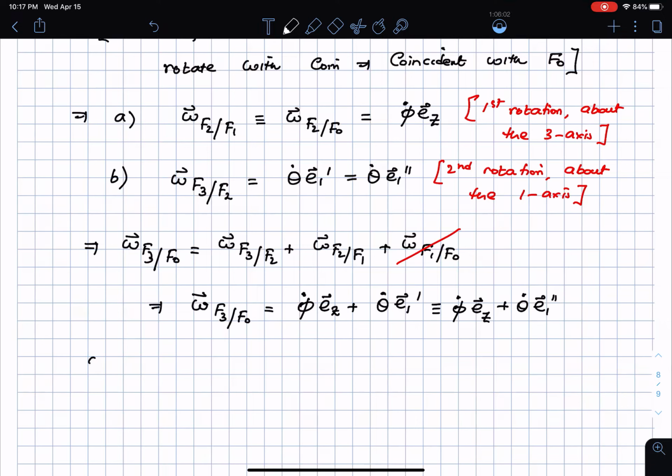Then I come to the third one, which is omega of F4 slash F3. This is going to be psi dot in the E3 double prime direction, or psi dot in the E3 direction, and we call this the third rotation, about the 3 axis.